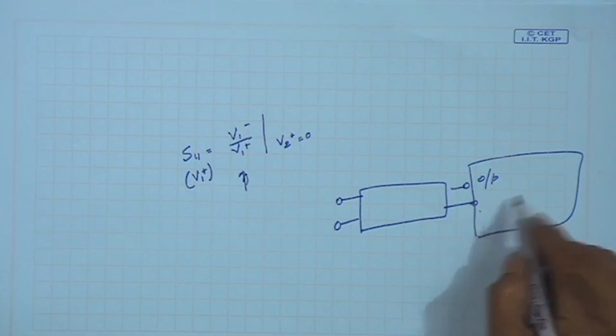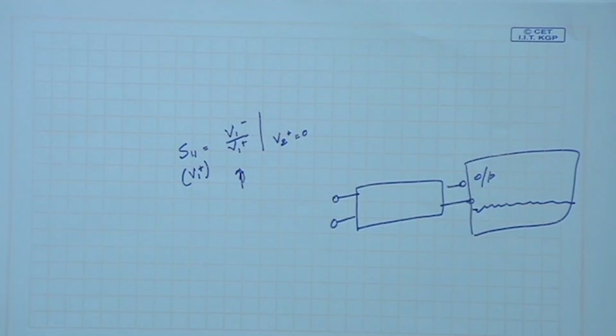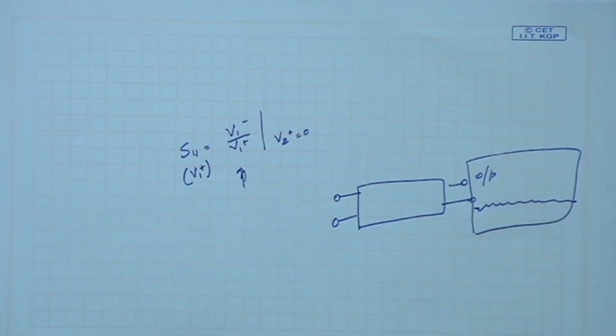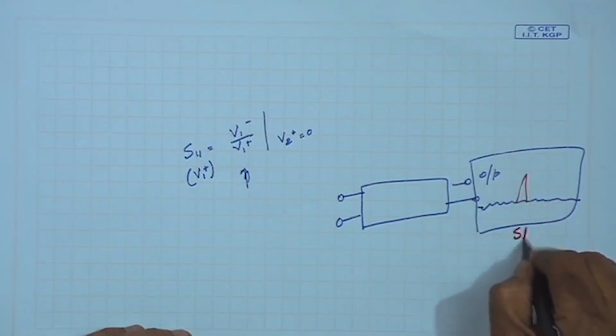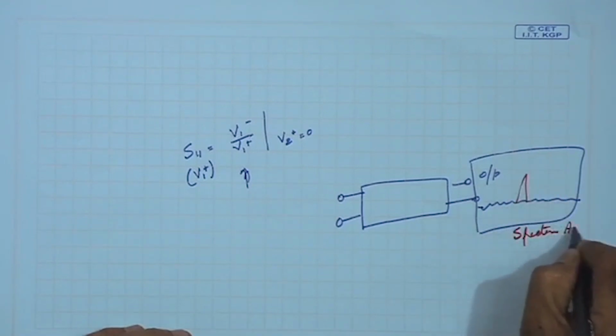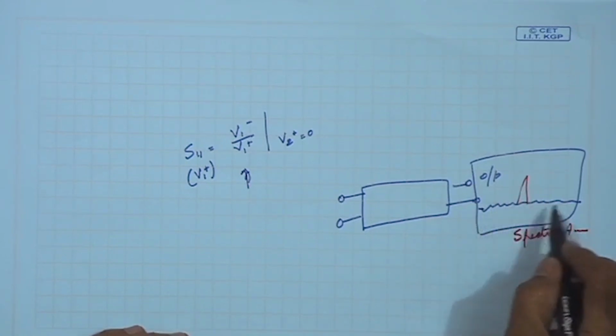There you will always see something even without a signal. If I have a signal, I get a peak somewhere here, suppose I am looking at a spectrum analyzer. You will see there is a signal, but in other places where no signals are there, still there is this.